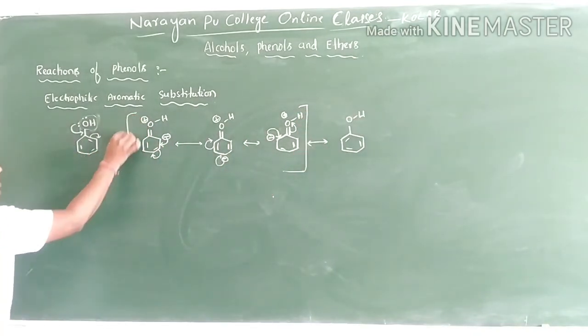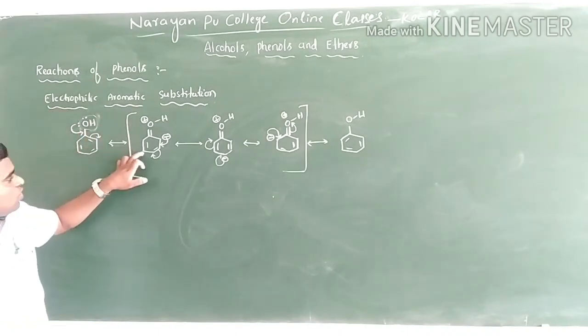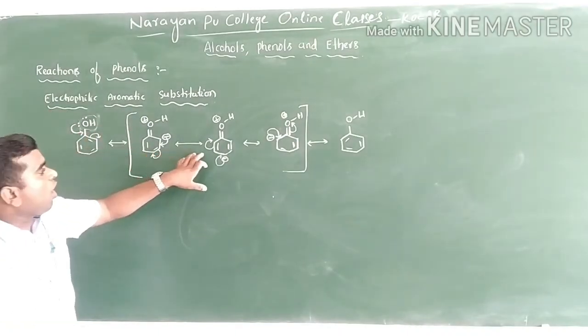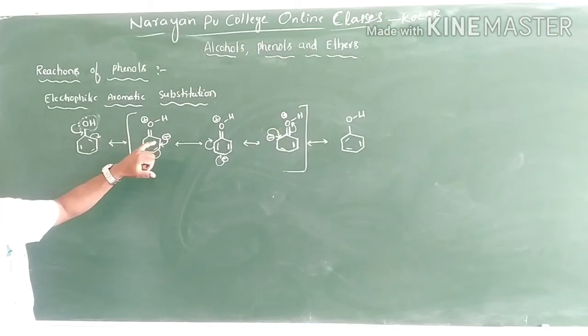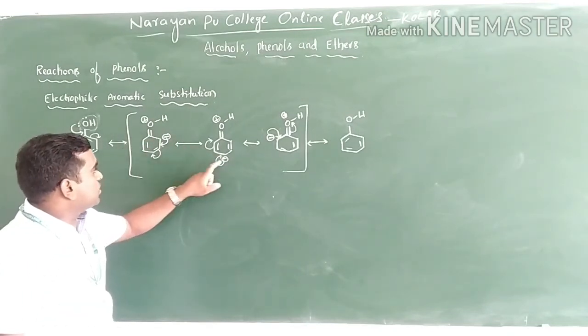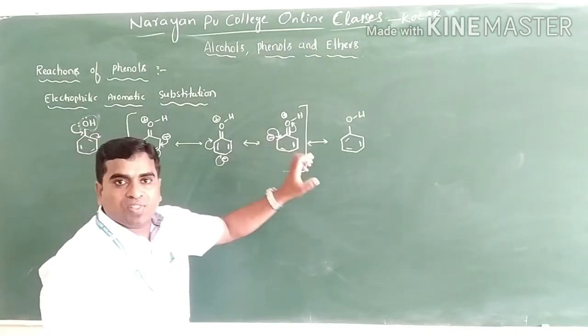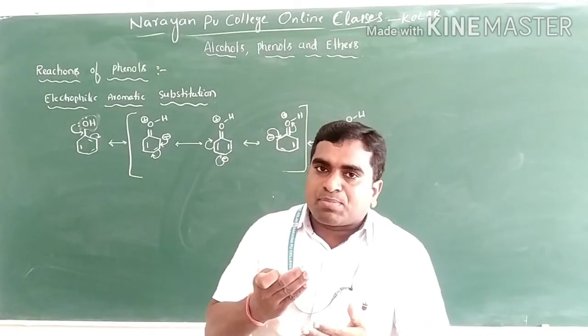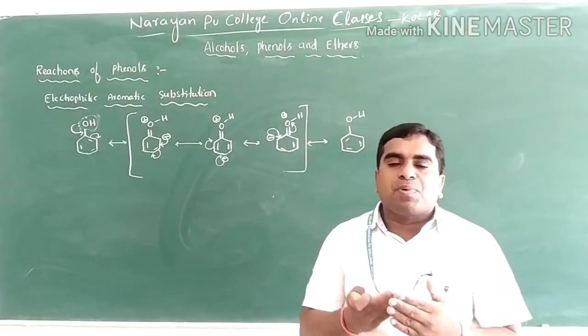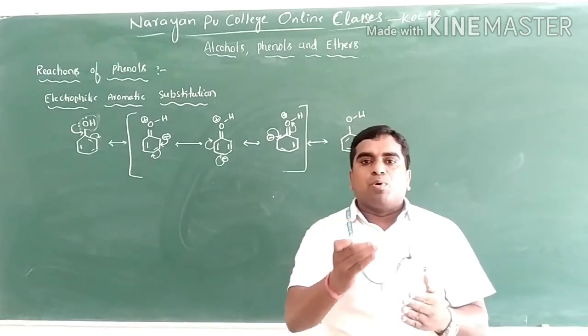If you see the resonance structures, the OH group on the benzene ring is giving electrons to the ring. So the electron density is high at the ortho position, and at the para position. This is the ortho position, this is the para position, and again the other ortho position. So electrophilic substitution reactions take place mainly at the ortho and para positions. Electron donating groups are ortho and para directing because they donate electrons to the benzene ring, the ring gets activated, and the electron density is very high at the ortho and para positions.